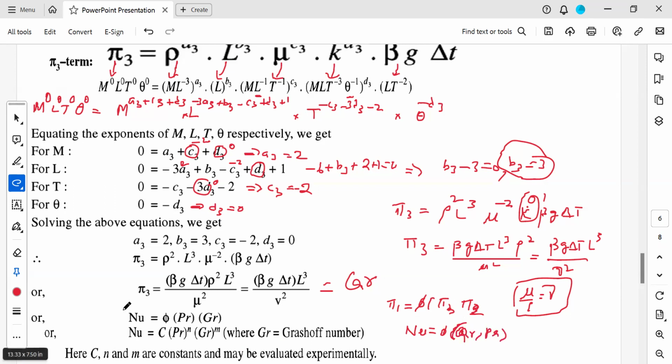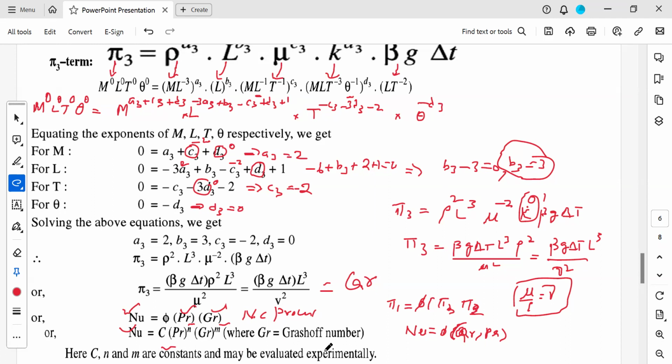Therefore we can write Nusselt number is a function of Prandtl number and Grashof number in case of natural convection process, or we can write Nusselt number is equal to c times Prandtl number power n times Grashof number power m, where c and m are constants, and these values are found experimentally.